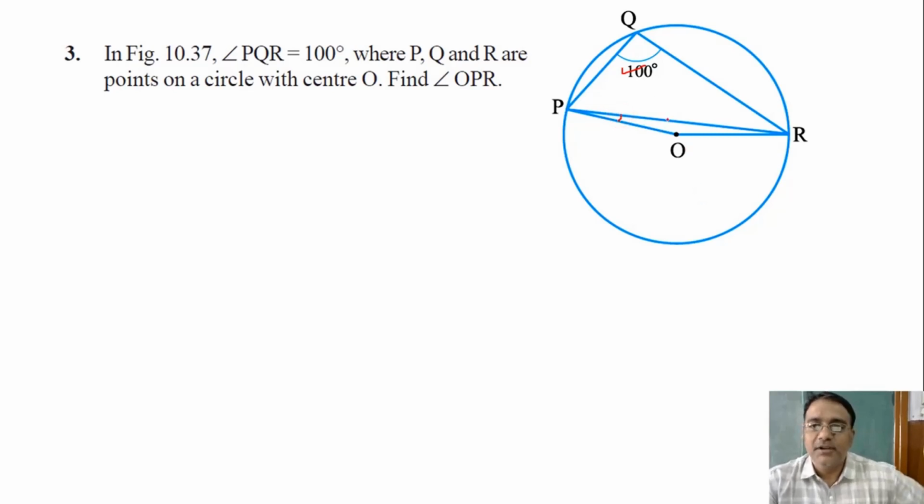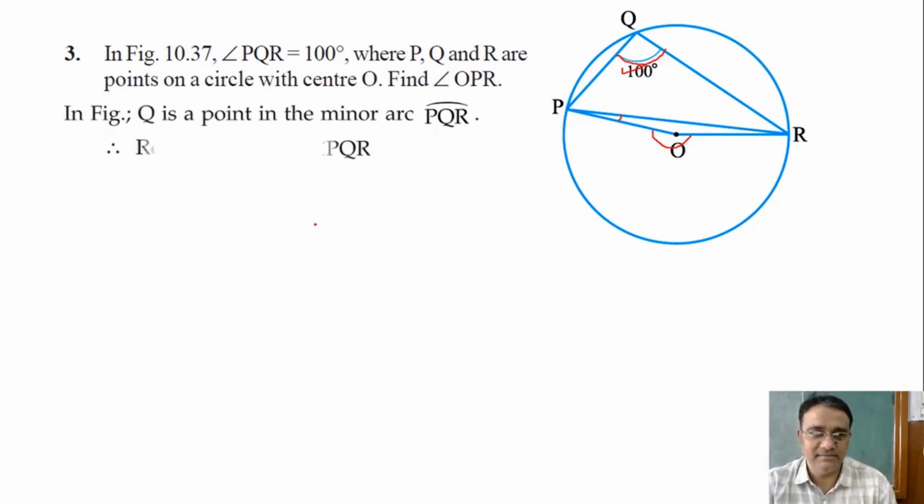So now Q is a point on the minor arc PQR. This is the major arc and this is the minor arc. So this angle is 2 times of this angle. Is that clear? Reflex angle POR is 2 times angle PQR.